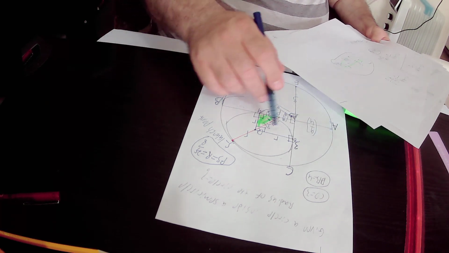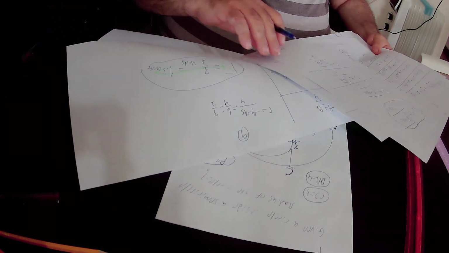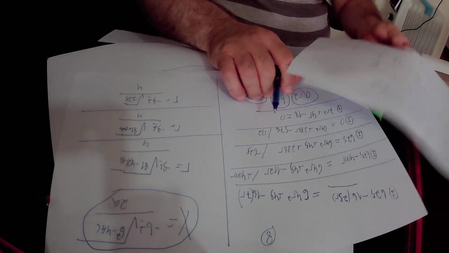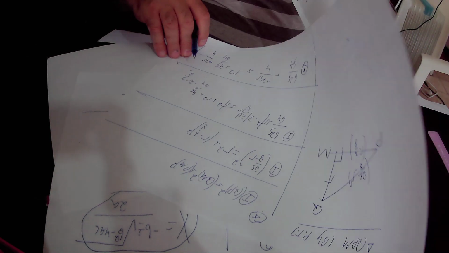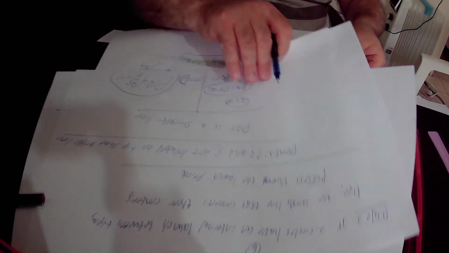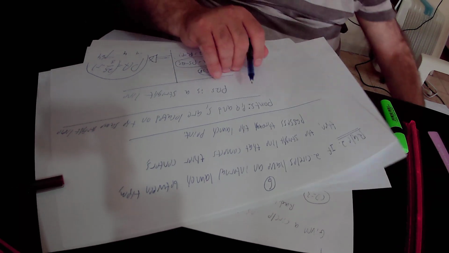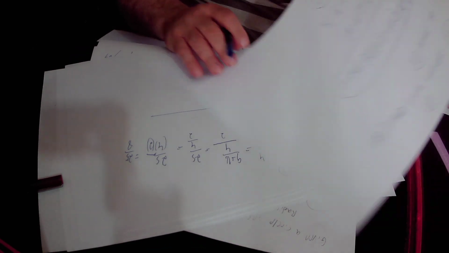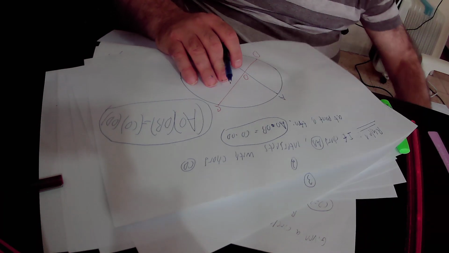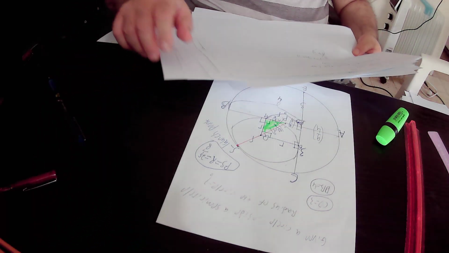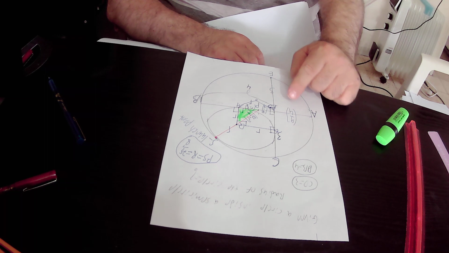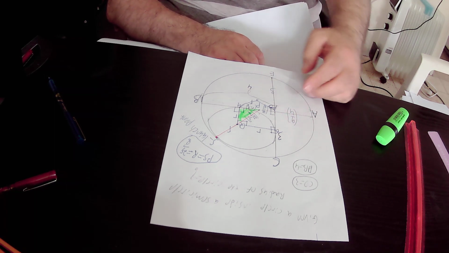Actually, we wanted to find out the radius of this small circle, and we know that line segment CD equals 3 units, line segment DB equals 4 units, and again angle CDB equals 90 degrees.